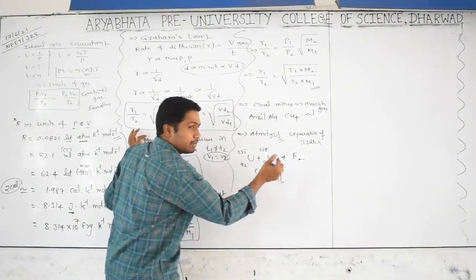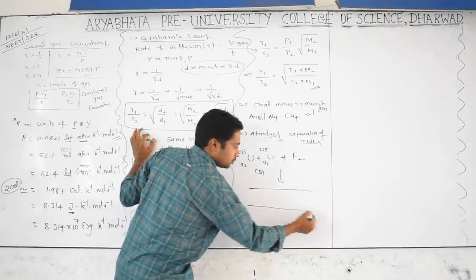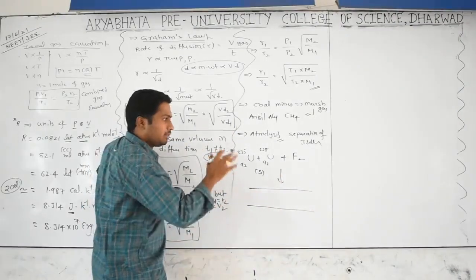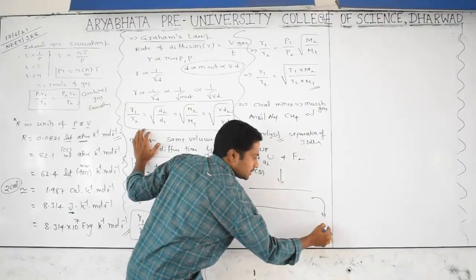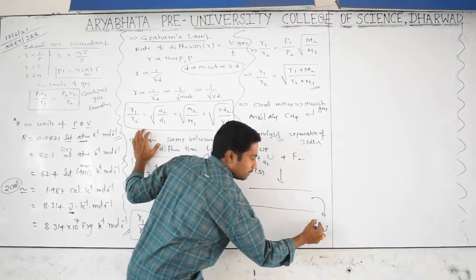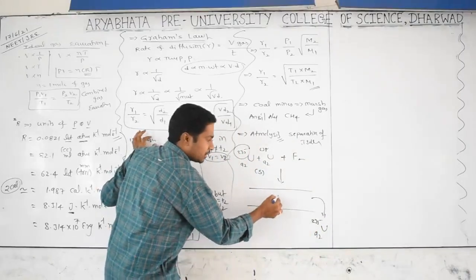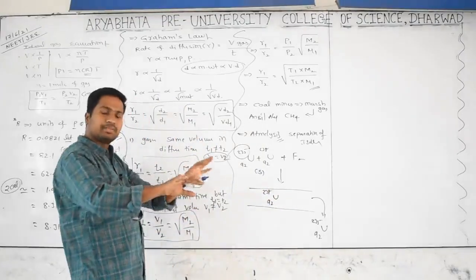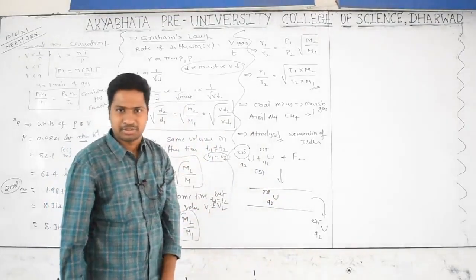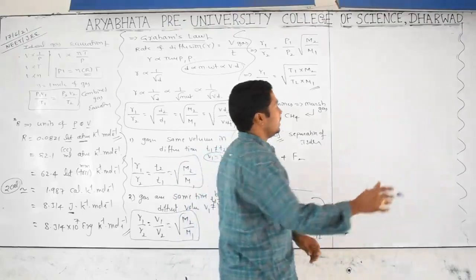After reaction they become gases. Those gases are passed through a pipe, and the lighter one moves fast, so uranium-235 comes outside first, and uranium-238 remains in the pipe. Like that we can separate the constituent particles from the mixture. All of you clear? Yes.